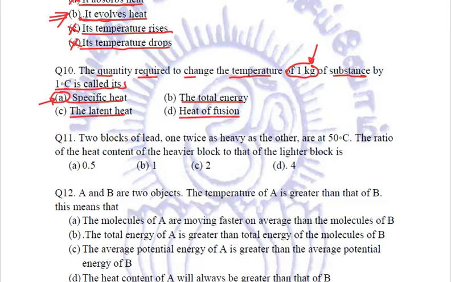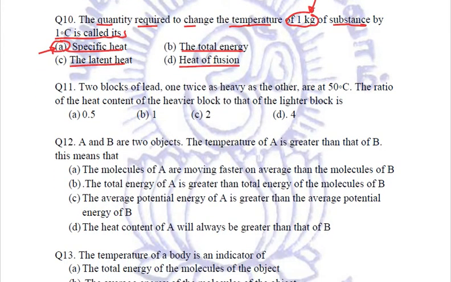Coming to the next question. Two blocks of lead, one twice as heavy as the other, are at 50 degrees Celsius. Now we have to calculate the ratio of the heat content of the heavier block to that of the lighter block.